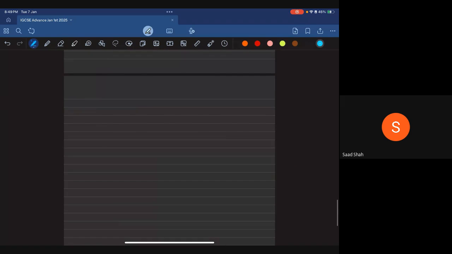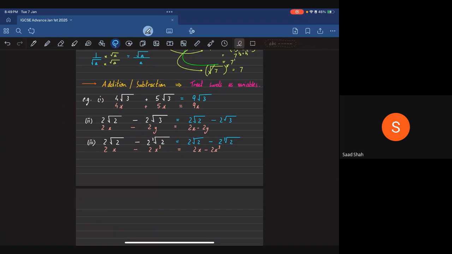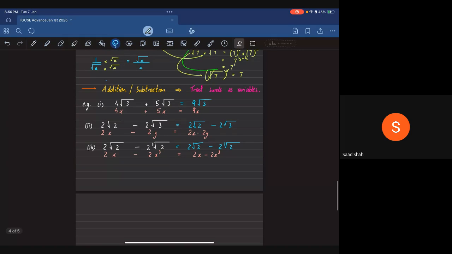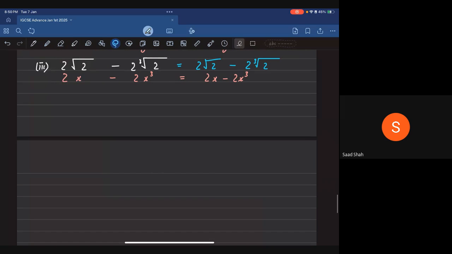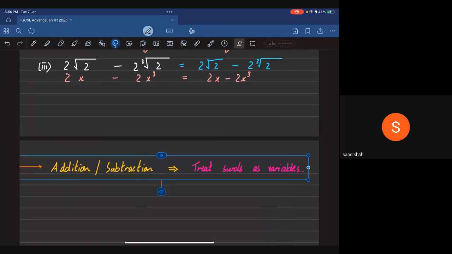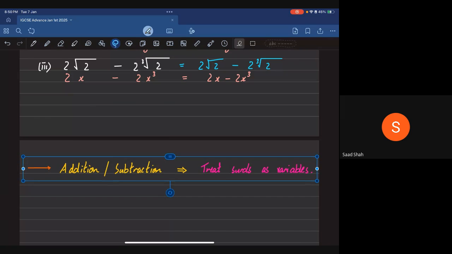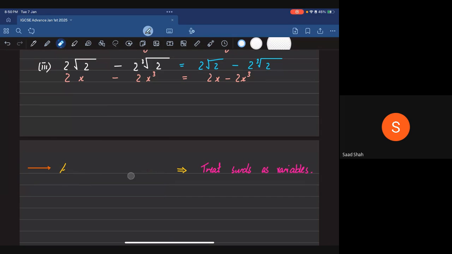Moving on with this. Now what's going to happen is that the same way we treated your surds in addition and subtraction, you're supposed to more or less do the same thing in multiplication and division as well.